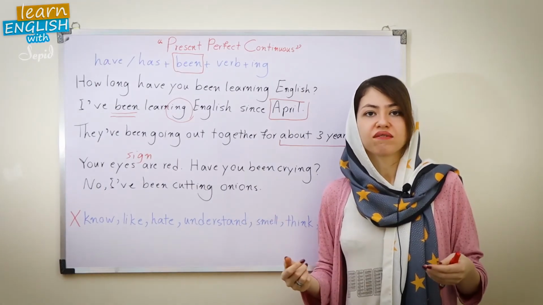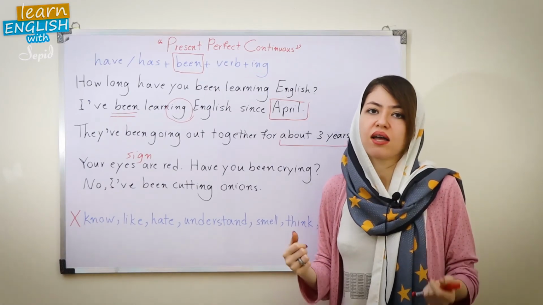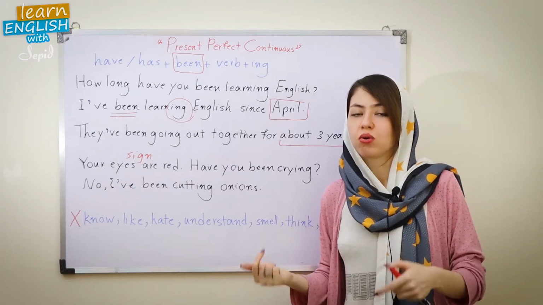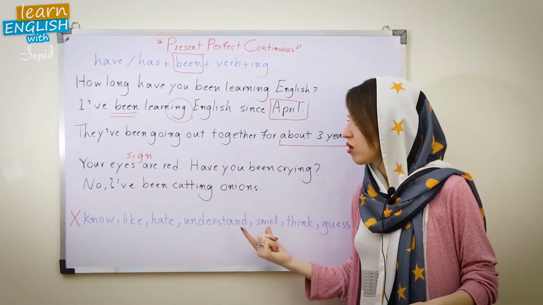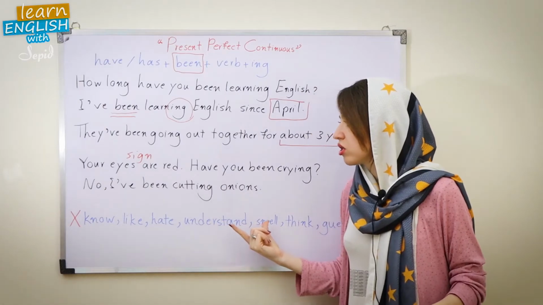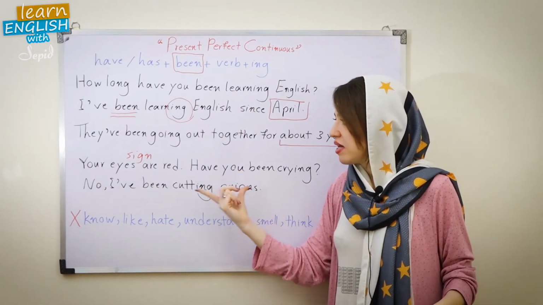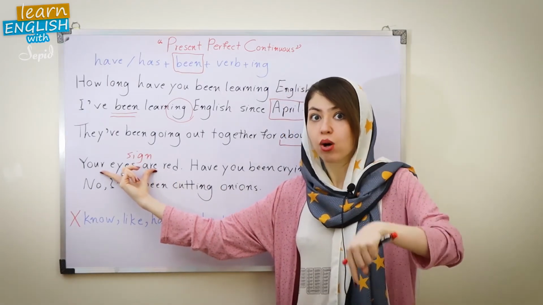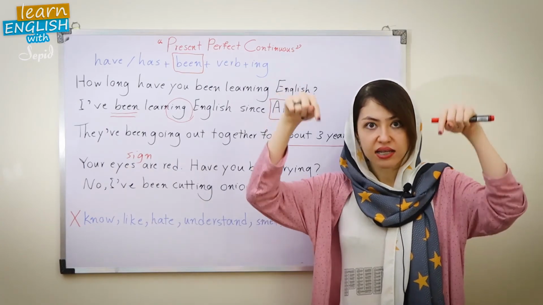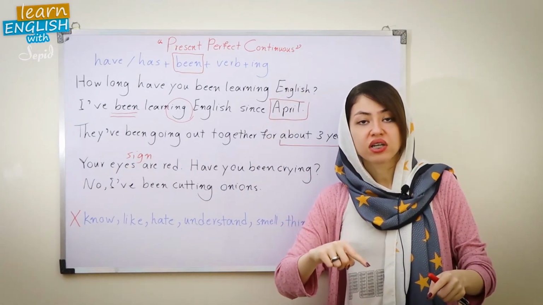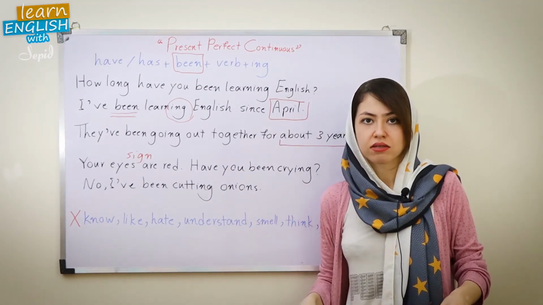And afterwards you ask, what have you been doing? And I would say, I've been running. Here, you are asking about the person's previous action based on the sign you notice now. So you notice a sign now and you are curious about the action happening before that.